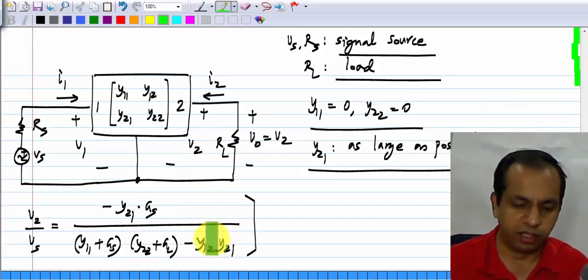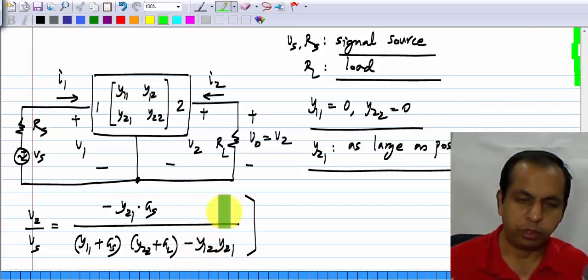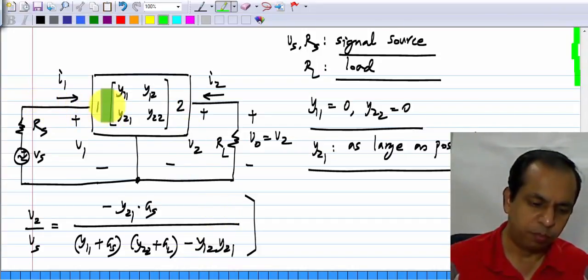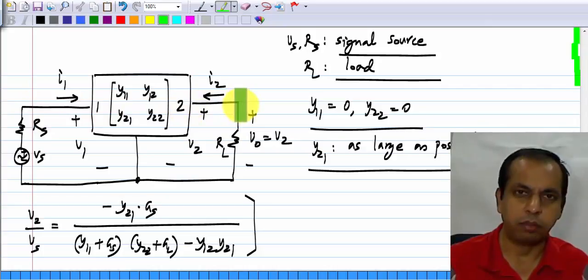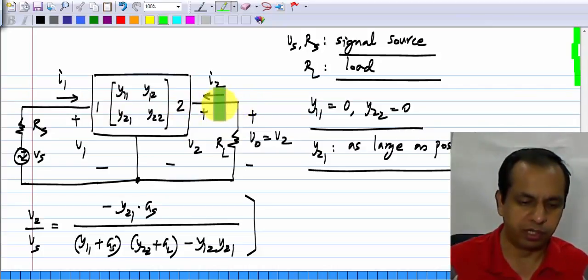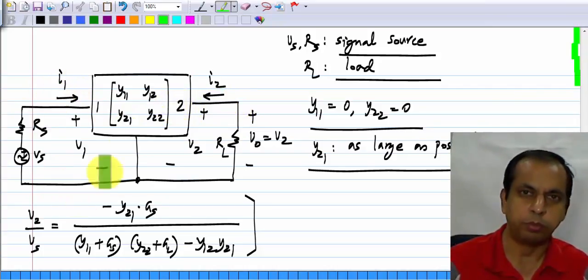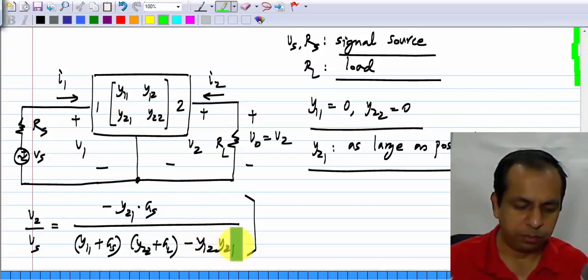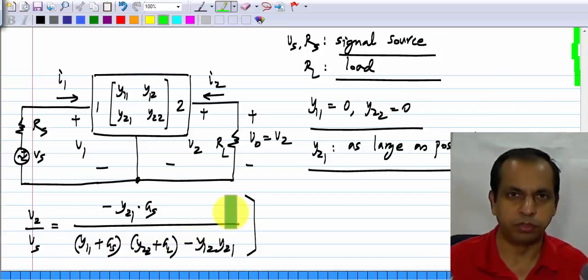The safest alternative is when y12 is 0, that is, internally there is no feedback. If you apply a signal to port 1, it passes it on to port 2, but if you apply a signal to port 2, nothing comes to port 1. That is the safest one. Then this disappears completely, and in the denominator you will have only these terms which will be positive.